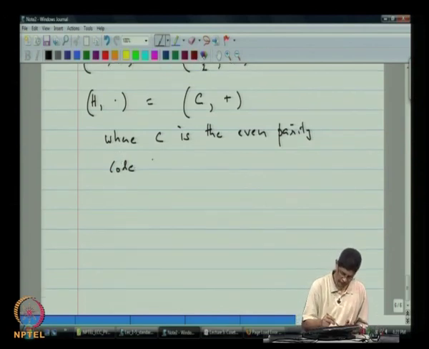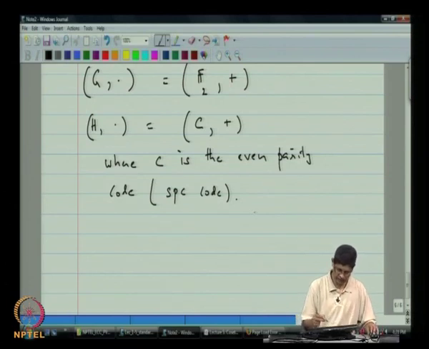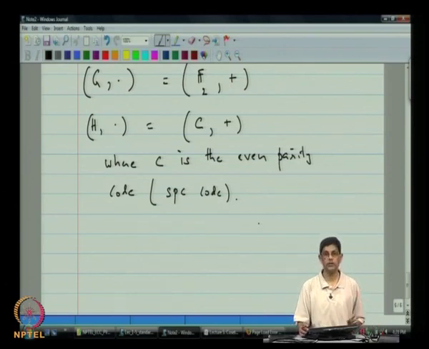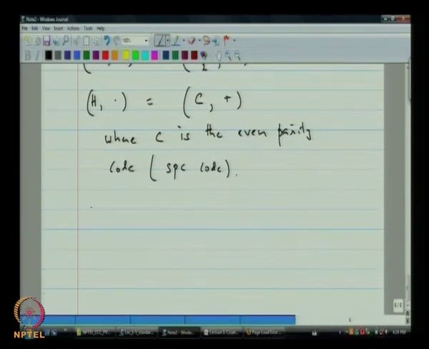We also call this the single parity check code. And we know that this is a subgroup because this showed up earlier when we were checking for a subgroup.